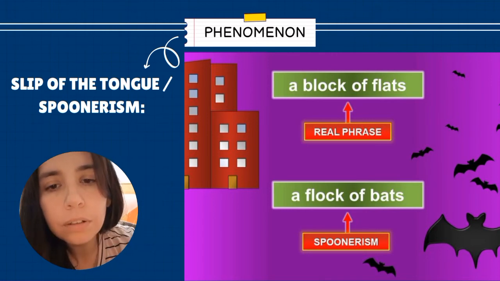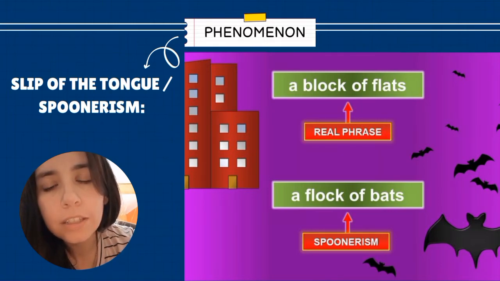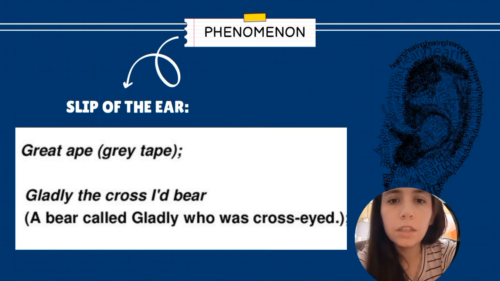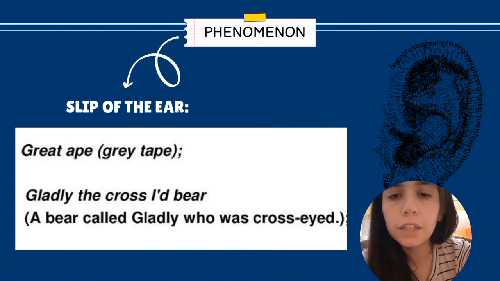For example, the person pronounces a flock of bats instead of a block of flats. The last mistake is the slip of the ear. This is when the hearer changes the word that is pronounced because he can't catch the whole phrase and understands another word. For example, red tape and great tape.